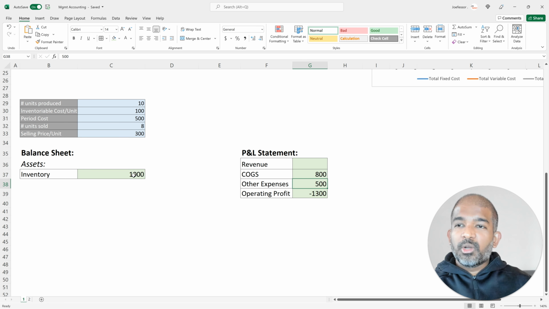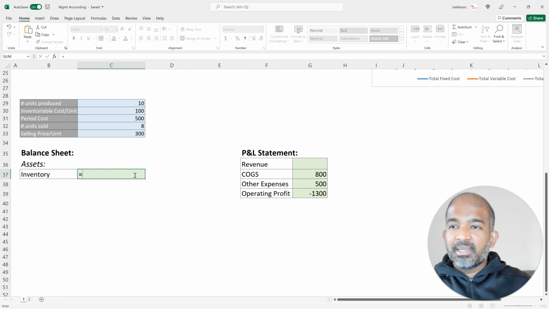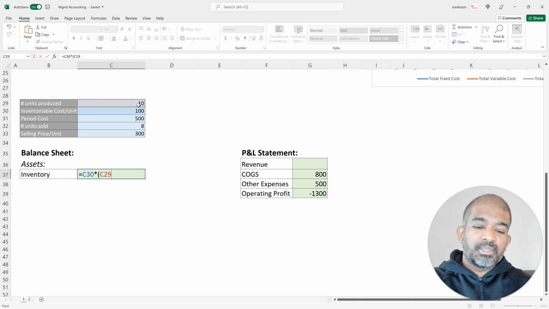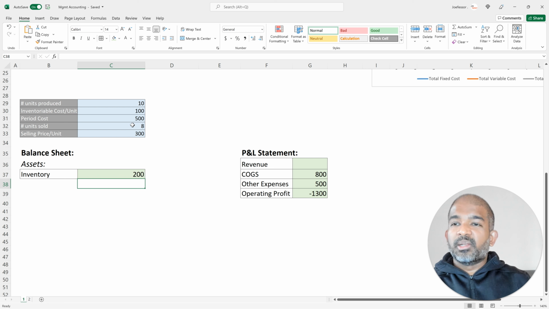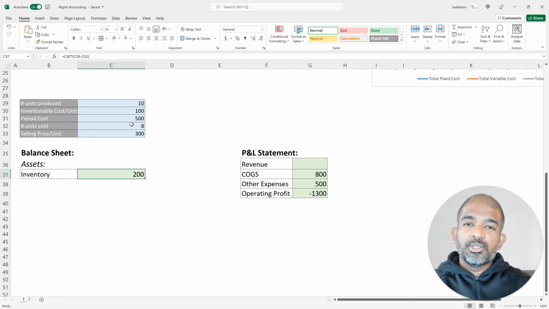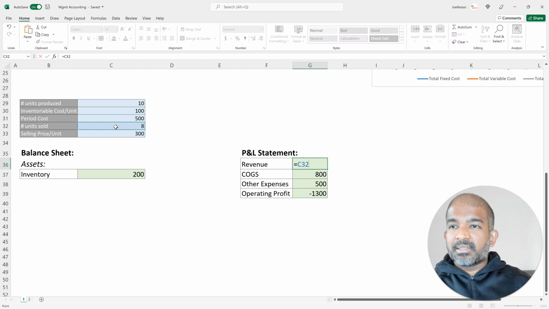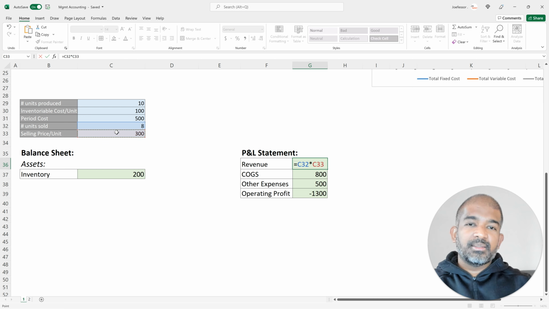What's left behind in the inventory is just the 2 units which are not sold, so 10 minus 8. So your inventory is valued only at $200 right now. How much is your revenue for the 8 units you sold? It is the 8 units you sold multiplied by the selling price.